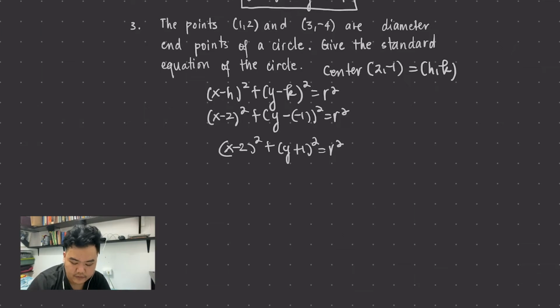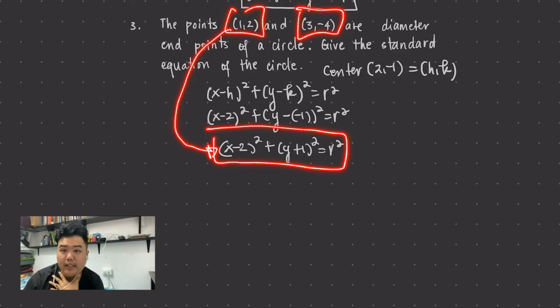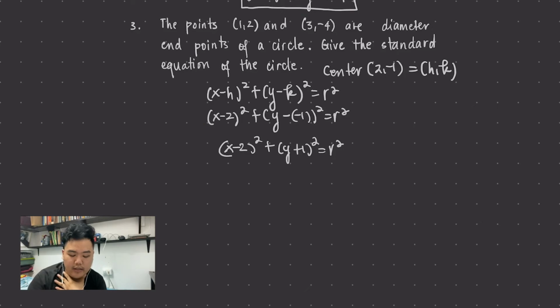So we are left to find r. That's the only missing piece for the equation. What we're going to do is take any of these points, because these two points are on the circle, so they must satisfy this equation, but we only need to pick one point. Let us pick (1, 2).